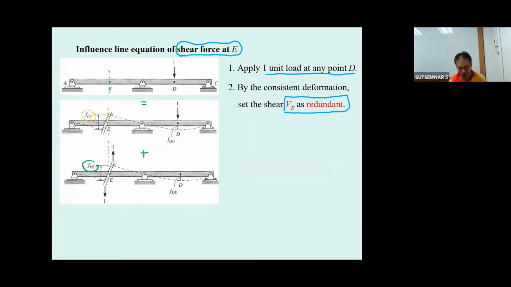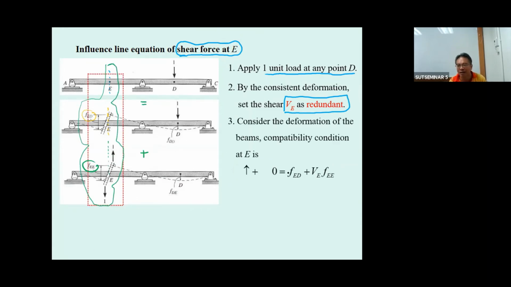Now consider the point E, and then you can draw the compatibility condition at point E. 0 is here, and then f sub ED and f sub EE are in the same direction, so just put them as positive. So V sub E is going to be like this.